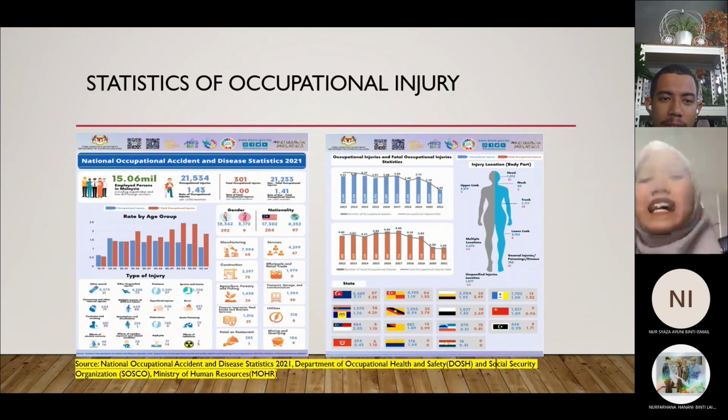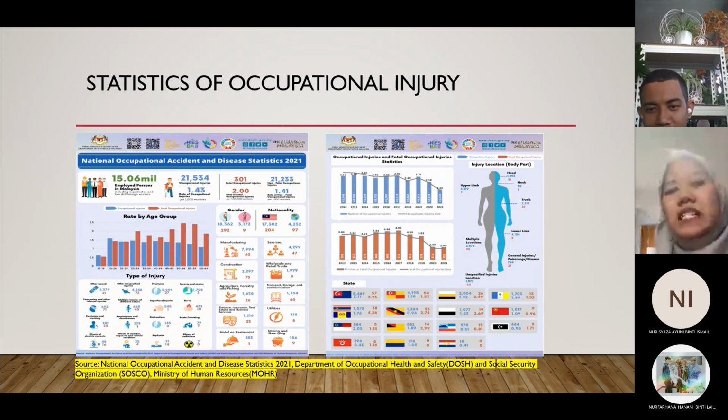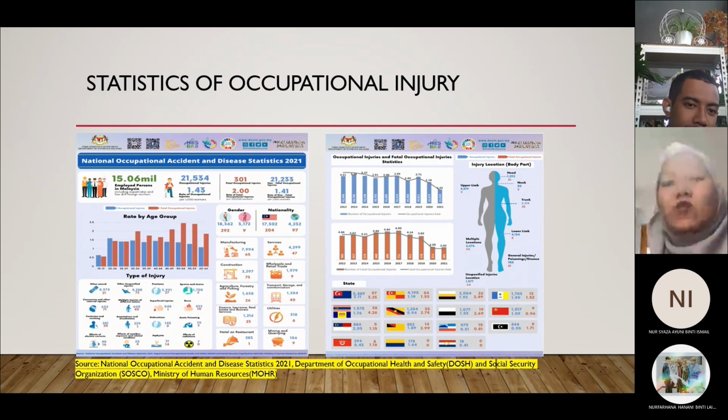Wounded injuries are the highest that workers have, which is around 8,000 cases, and the other one is unspecific injuries, which is around 4,000 cases. As you can see, men have more injuries during work time.